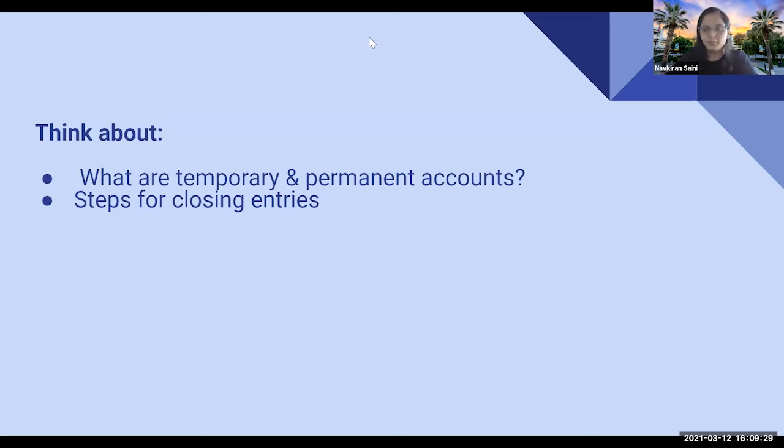When you guys are done reading or looking through your notes or textbook or whatever help you are taking, I want you guys to type in the chat just a few phrases or words for the difference between temporary and permanent accounts whenever you're ready. So I'll wait for 4 or 5 responses before moving forward.